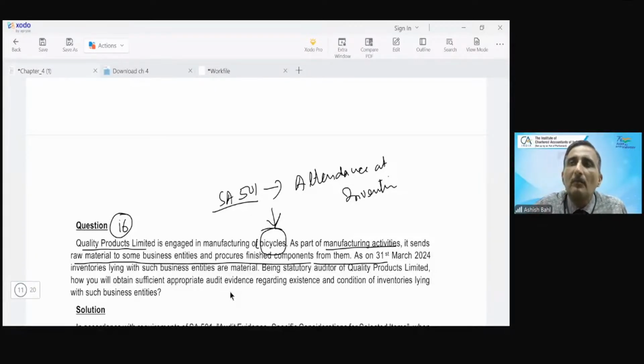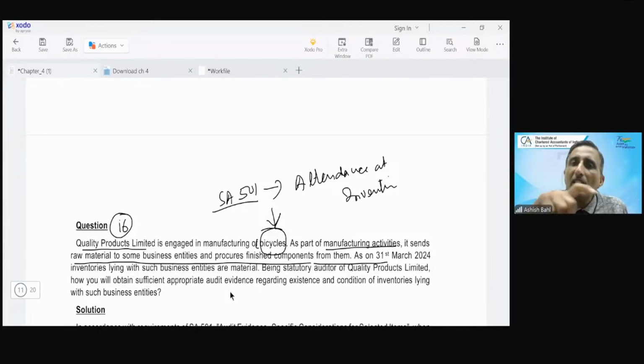The company sends its raw material, they prepare the parts, and the company gets those parts. So obviously, at any point of time, some stock would be lying with those persons. Some stock may be in process, some may be lying as raw material, or some may be in the form of finished goods.